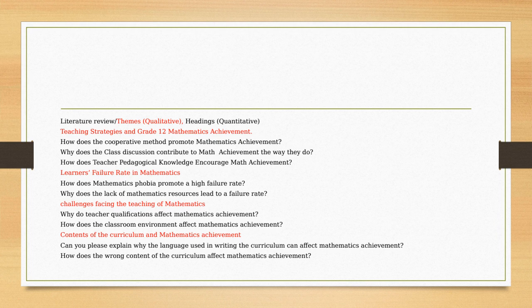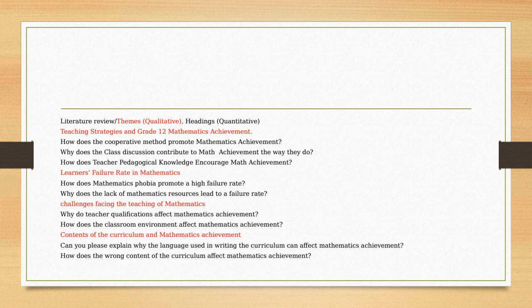It's very impossible. But what is possible is that you need to make sure that you are consistent. When you are using qualitative, use all the qualitative. Look at the slide I'm showing you here. Look at all the questions under the qualitative: how, why, how, why, how, why, how.